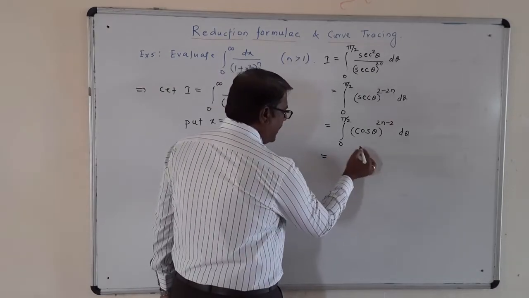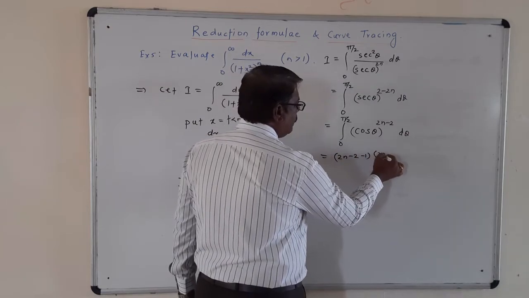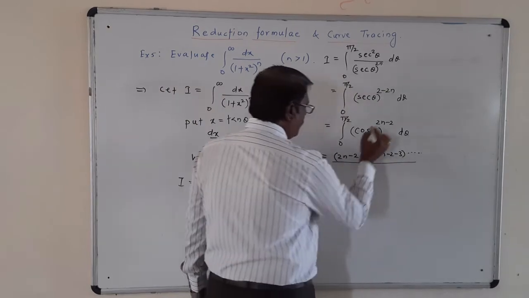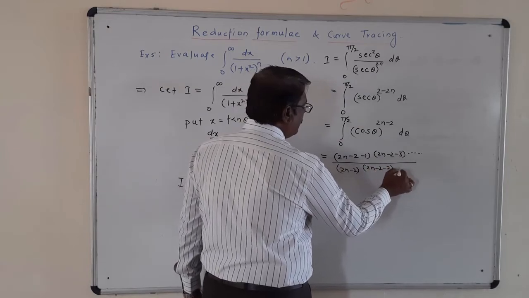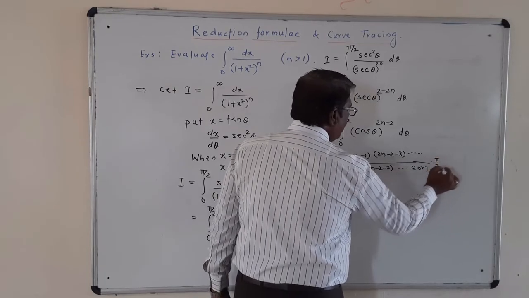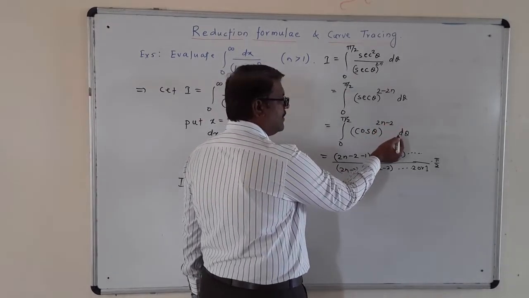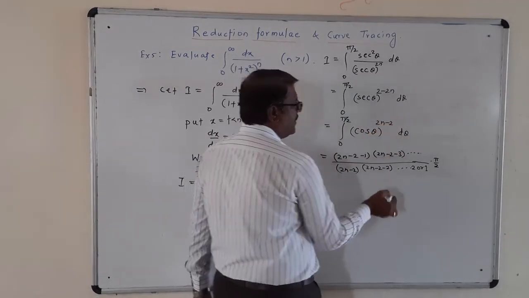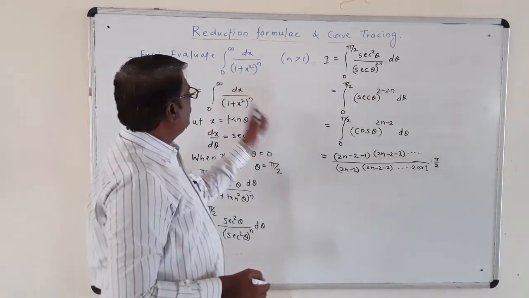So n minus 1 is nothing but 2n minus 2 minus 1, 2n minus 2 minus 3, dot dot dot, divided by 2n minus 2 into 2n minus 2 minus 2, dot dot dot, this product is up to 2 or 1, into pi by 2, because I have considered this n as a positive integer which is greater than 1. So whatever may be the value of n, this power is always even. As this power is even, therefore we multiply by pi by 2. So this is the answer for the given example.